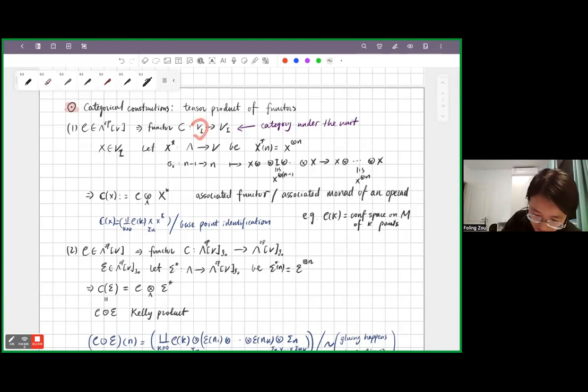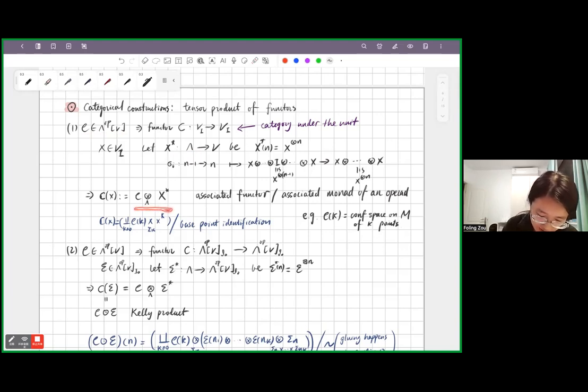If I have an object under the unit, I can define out of it a covariant functor from lambda to V by mapping n to X tensor itself n times, and the unit tells me how to map X^(n-1) to X^n, because I can just map the unit to X. Now I have a covariant functor X star and I have a contravariant functor C. I can do a covariant construction which I call a tensor product of functors here.